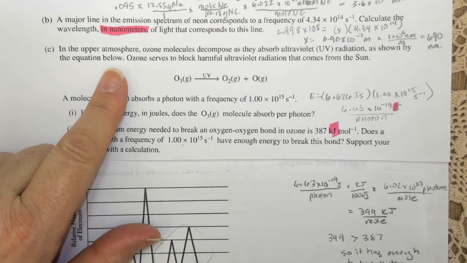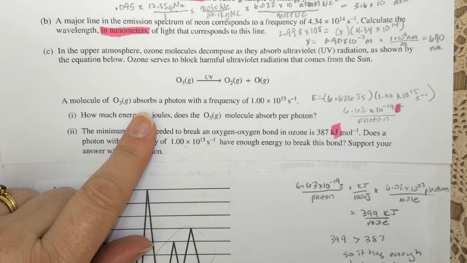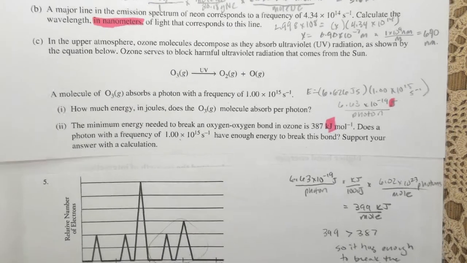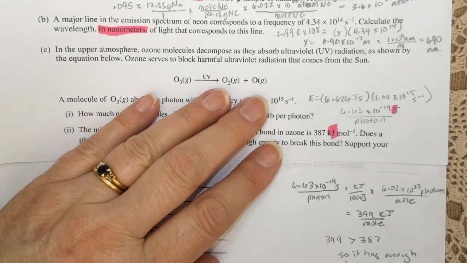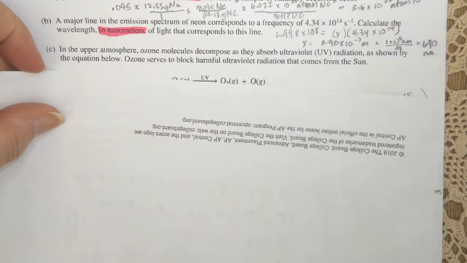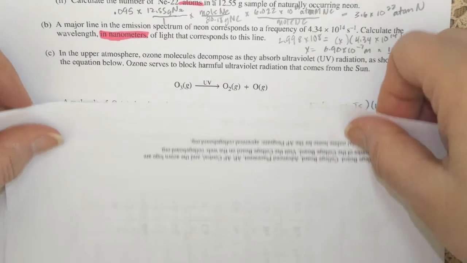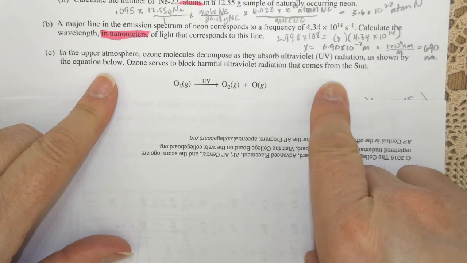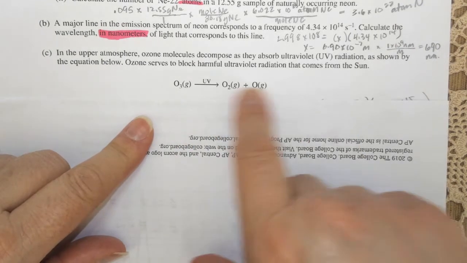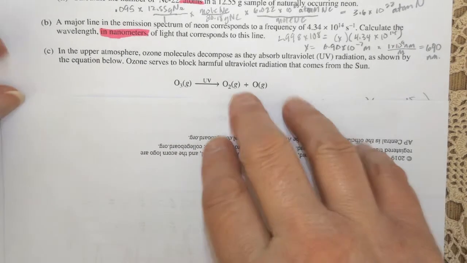Alright, so this is where we ended up with the last video. Let's cover it up for now. In the upper atmosphere, ozone molecules decompose with ultraviolet radiation, and here's the equation that they do that by.